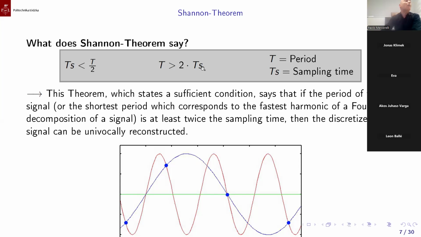I will show you now with MATLAB, without going deep into the theoretical part. If this condition is guaranteed, we can say that this problem in the reconstruction does not appear. Otherwise, we are not sure if I can meet all points with the red or the blue line.